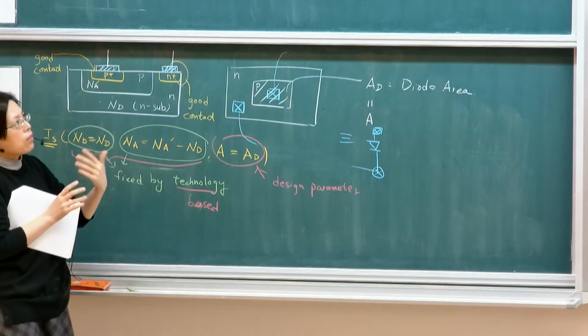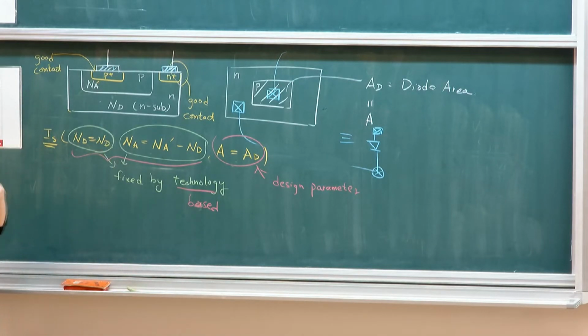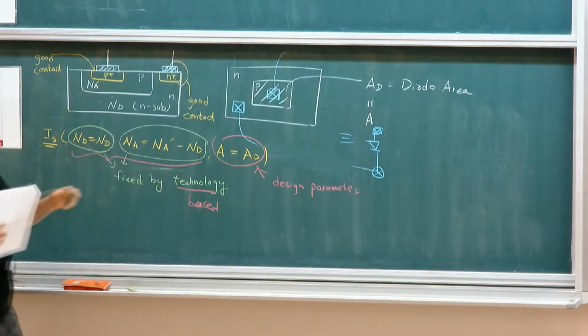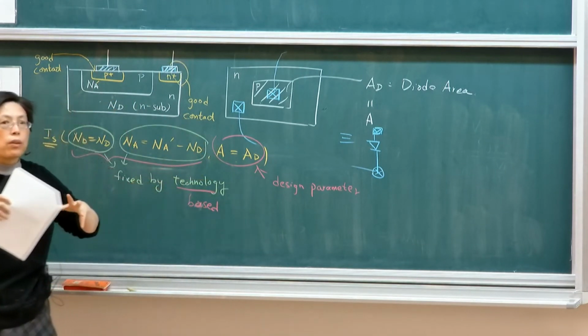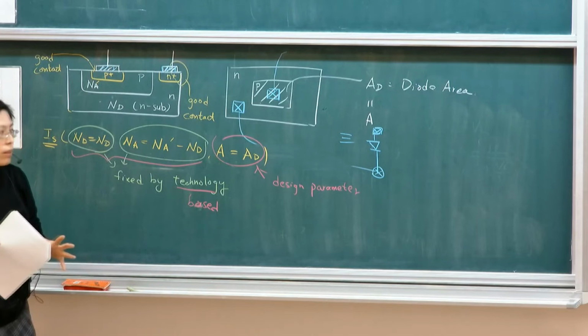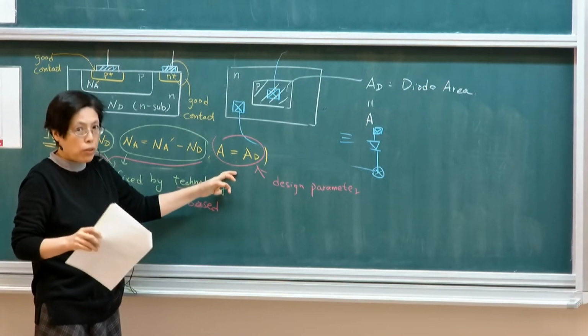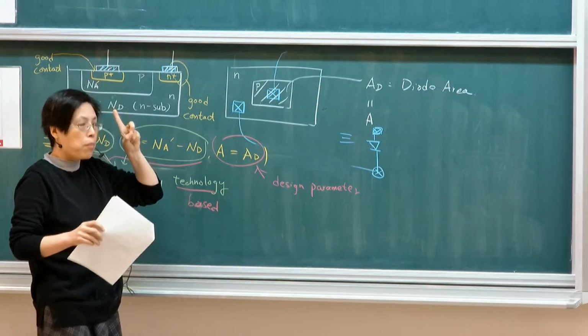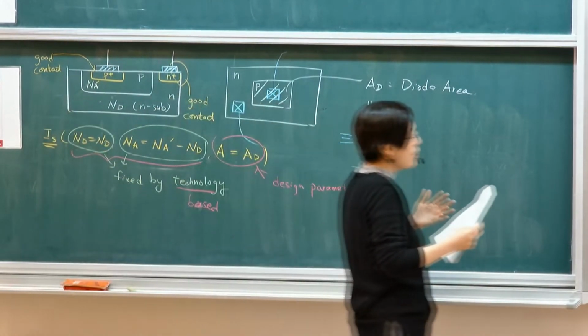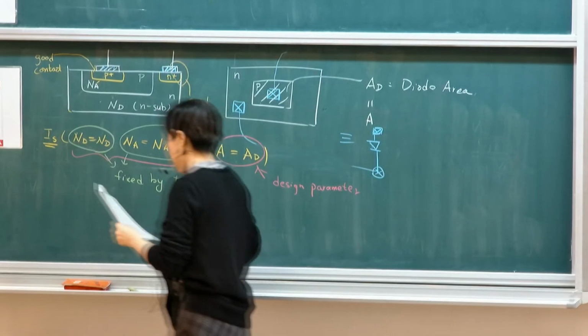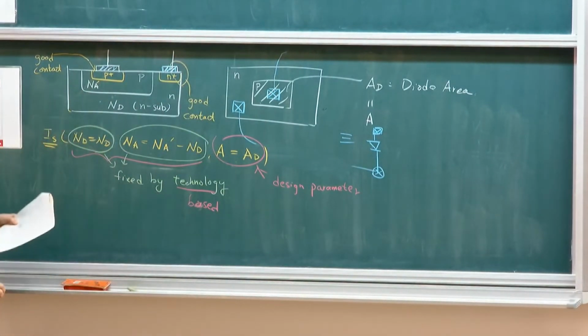So there are different levels of flexibility in manipulating device characteristics. In this case, you only have one. You can only define whether it's a larger device or a smaller device. And this is also true for the bipolar junction transistor. It's only defined by one parameter from the designer's point of view. Okay? I hope I made myself clear.